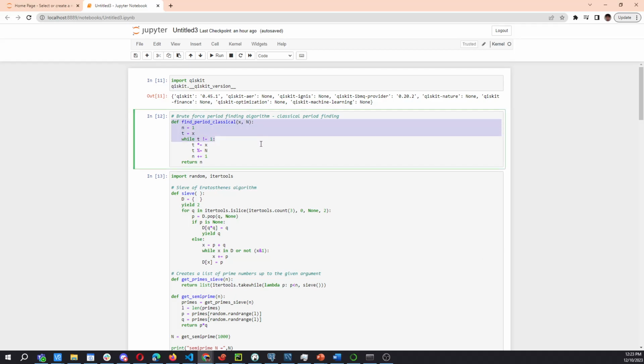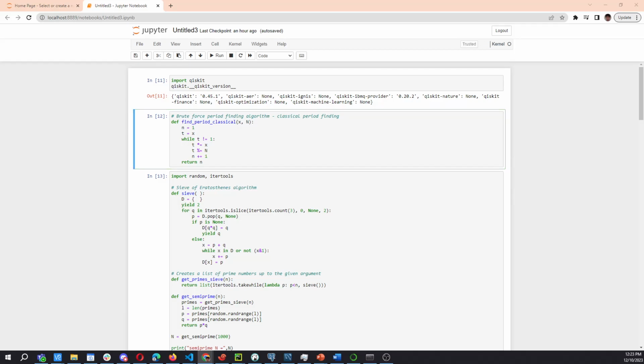We assume that N is a semi-prime number, the product of two prime numbers, and then we can use this algorithm for finding the period.